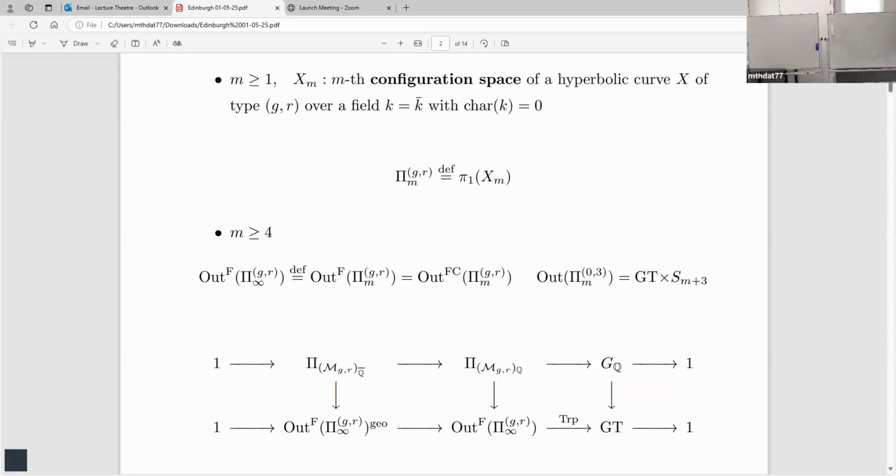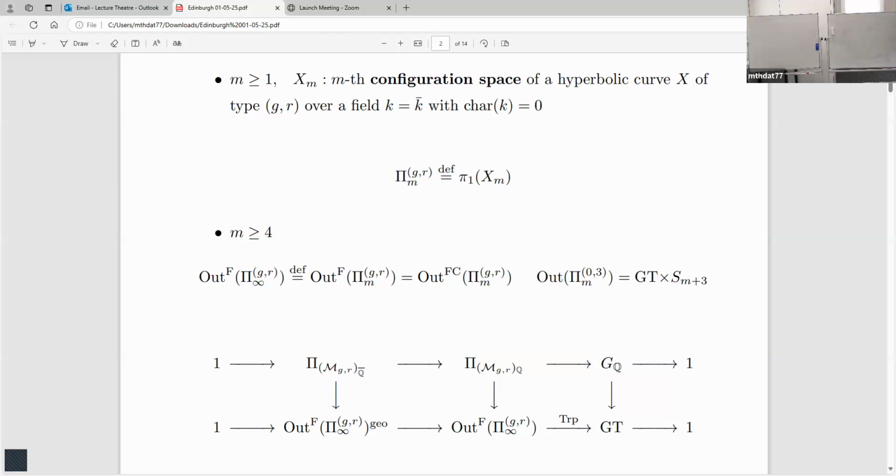So first of all, the upper exact sequence. MGR is the moduli stack of hyperbolic curves of type GR over Q, and pi MGRQ is the fundamental group of this in the sense of stacks. So this one has such an exact sequence.